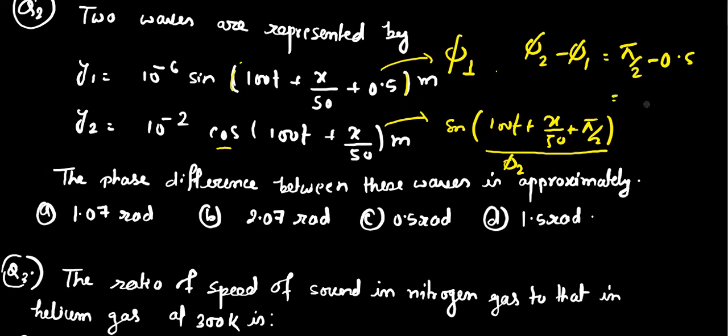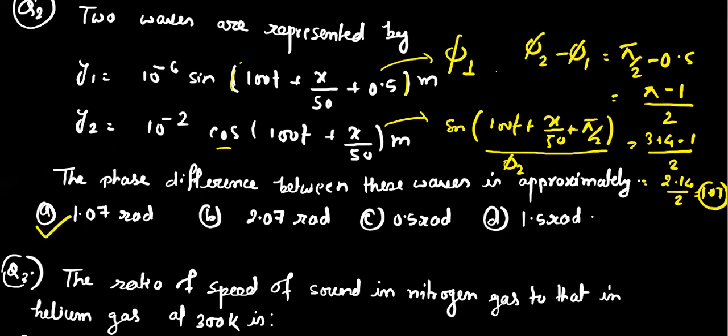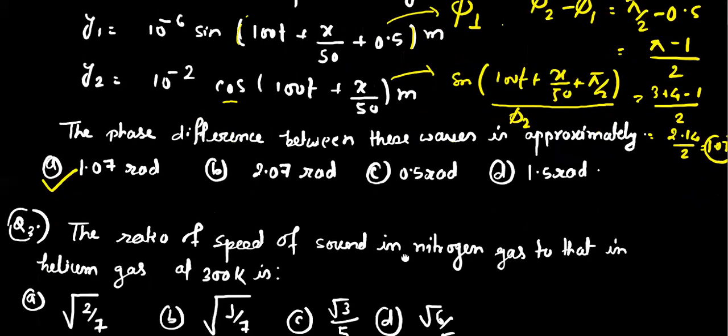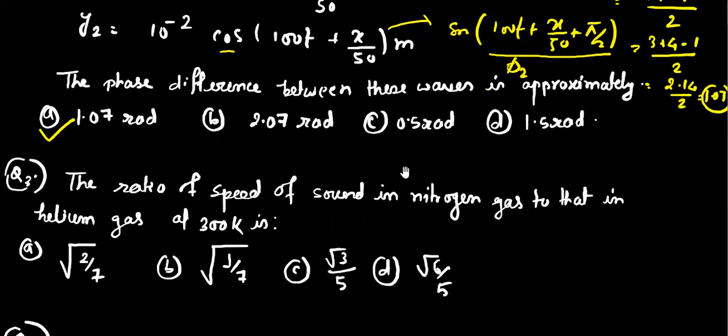On taking LCM we get pi minus 1 by 2, which is 3.14 minus 1 by 2, so 2.14 by 2, which means 1.07. So the approximate value of phase difference for these two waves is 1.07 radian. Okay, I think this is clear.